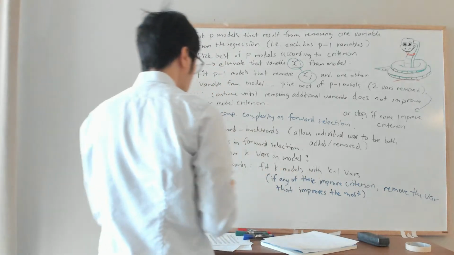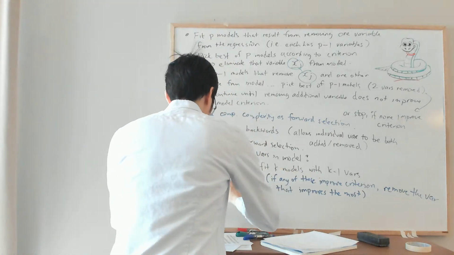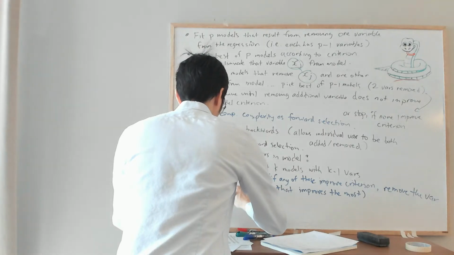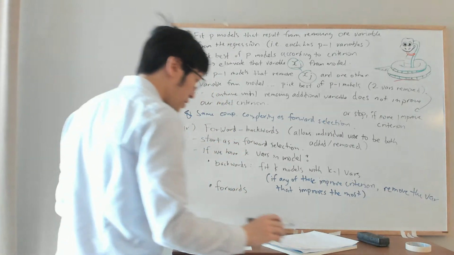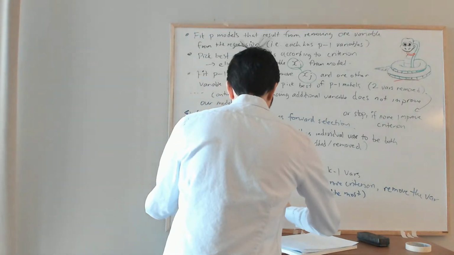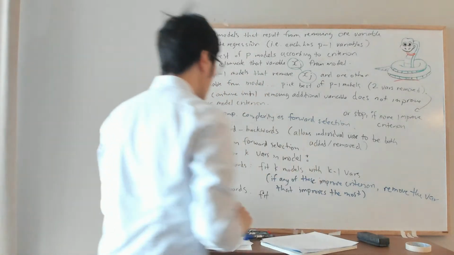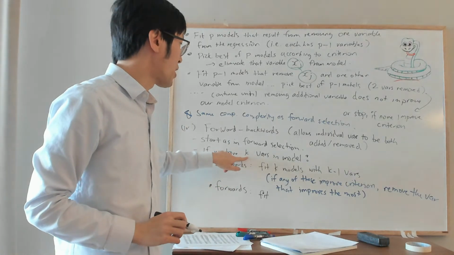Okay, so we're going to try a backward step, and then alternate and do a forward step. Again, if we currently have k variables in the model, then we would fit... how many models do we have with k plus 1?